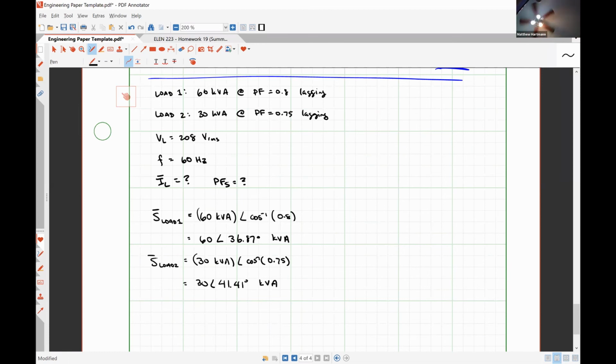All right, so where can we go from here? We are 2 steps away from answering both questions. Just use the definition of your apparent power to find IL.